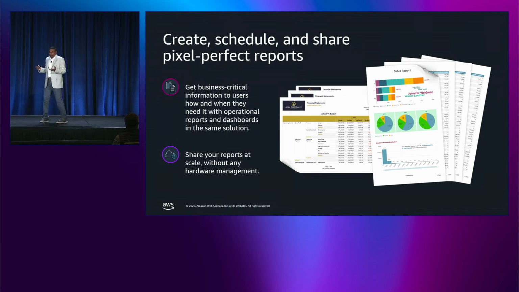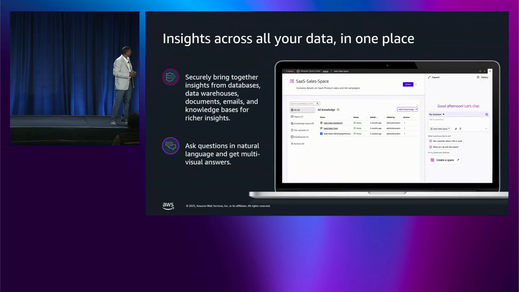With this, you can push business-critical information directly to your end users' inboxes. These reports could be PDFs, Excels, or CSVs. And the entire framework is built on the cloud, which means that you don't have to manage servers or installations, which is typical to reporting.